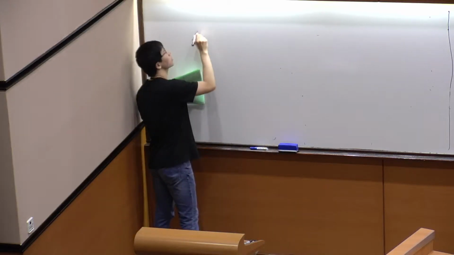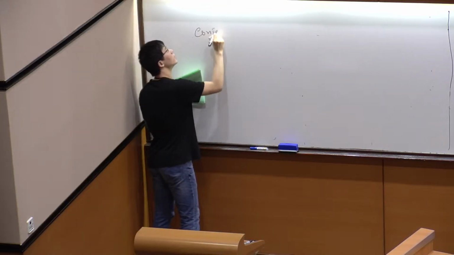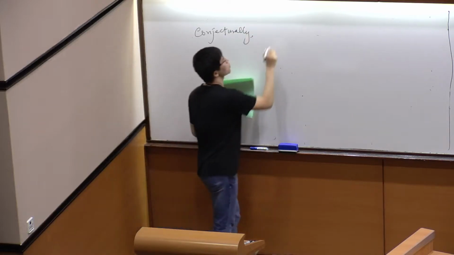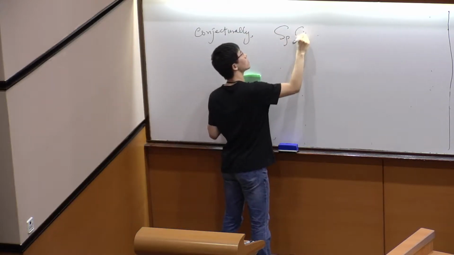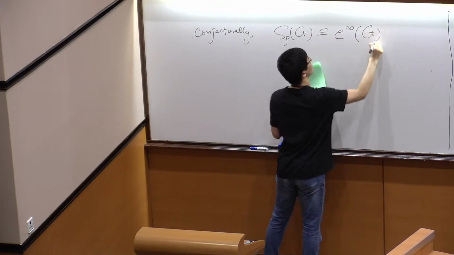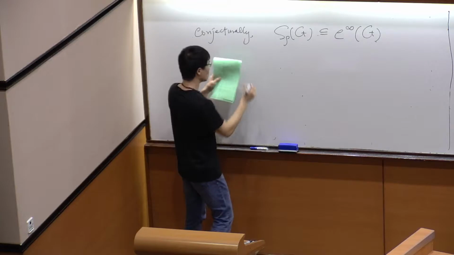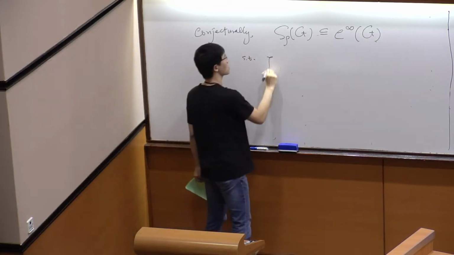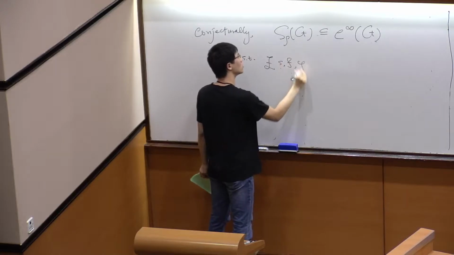Then conjecturally, there exists some Schwartz space, which we call S rho G, lying in the space of smooth functions of G, such that if you run the procedure like the Godement-Jacquet case, you form the following zeta integral.